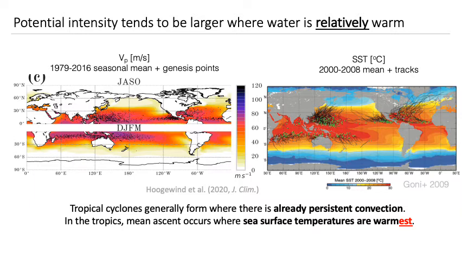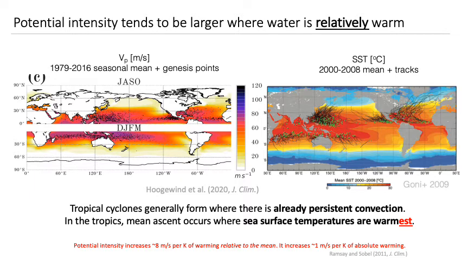Tropical cyclones generally form where there is already persistent deep convection. As we've learned in the previous lectures, in the tropics, mean ascent, so persistent convection, occurs where sea surface temperatures are warmest. So this is not a statement about absolute sea surface temperatures. It's a statement about sea surface temperatures relative to the rest of the tropics, the tropical mean.